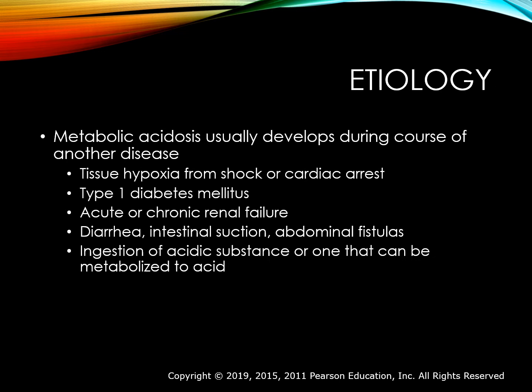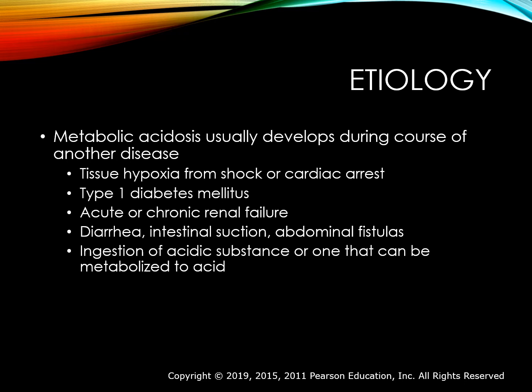So what is our etiology? Metabolic acidosis is rarely a primary disorder. It's usually from other diseases. Acute lactic acidosis usually results from tissue hypoxia due to shock or cardiac arrest. Patients with type 1 diabetes mellitus are at risk for developing DKA. Acute or chronic renal failure impairs the excretion of metabolic acids.